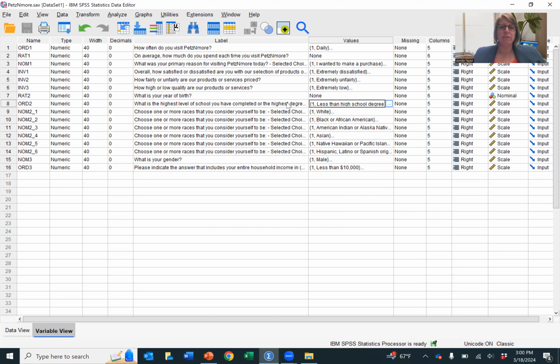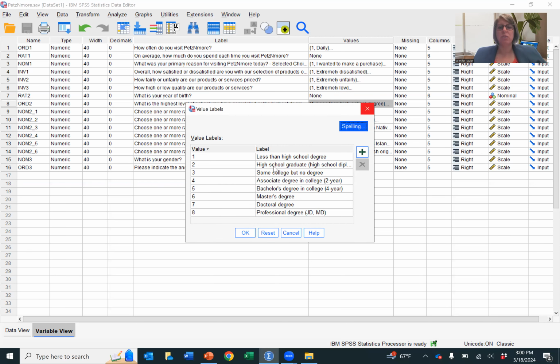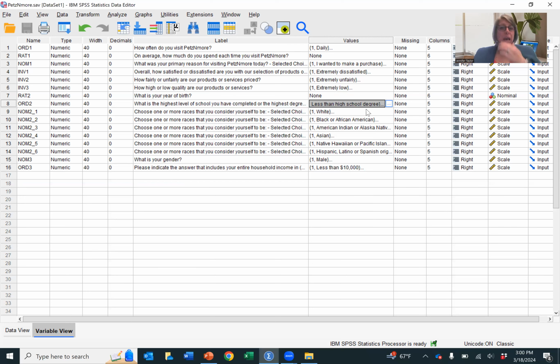All right, so moving on, we'll take a look at the rest of these ordinal variables. What is the highest level of school you've completed? And if you look here, it's less than high school degree, high school graduate, some college, et cetera. So it's hierarchical and it's categorical, but it's unequal intervals. And then you look at this last ordinal variable, please indicate the answer that includes your entire household income.